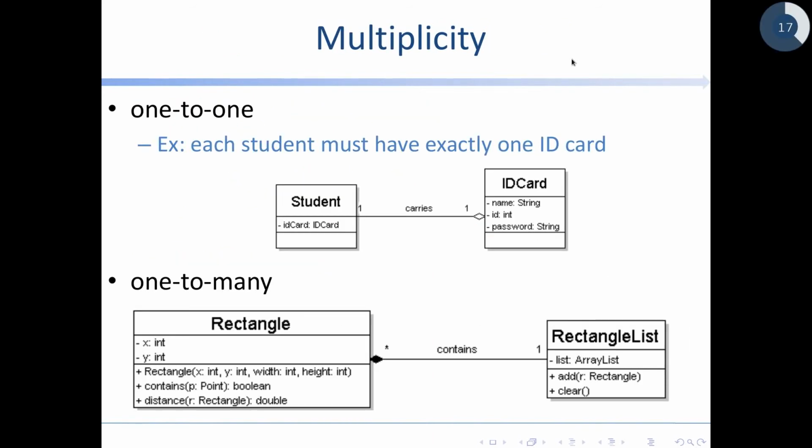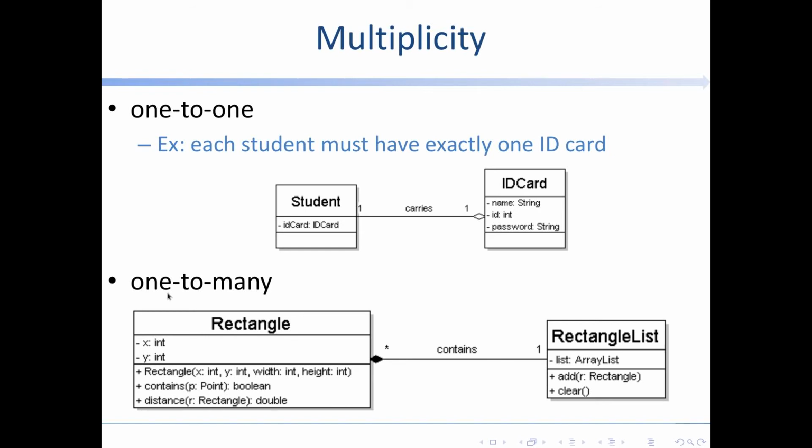Next slide is multiplicity. We already know about this. One-to-one multiplicity, you can see the one numbers. And here is an example of a student carries ID card. Okay, and we say it like that because the direction is from student to the ID card, because the arrow is on that side.